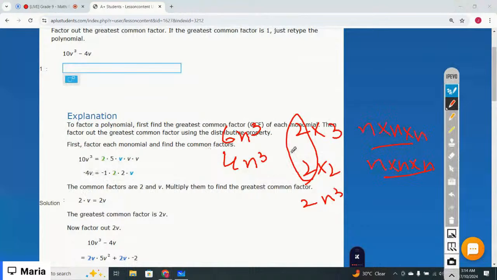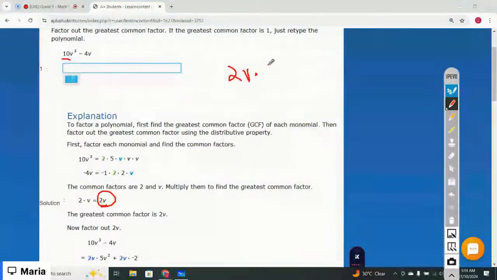2v. Got it? You can write 10v cubed as 2v times 5v squared, because when you take 2v out, you are left with 5 and then v squared, minus 2v times 2, 2 times 2 is 4. You can take 2v as common and you are left with 5v squared minus 2.